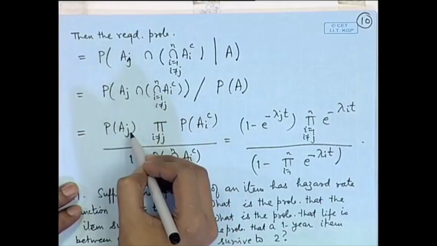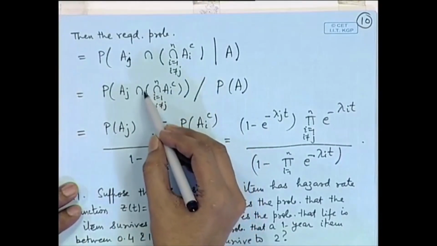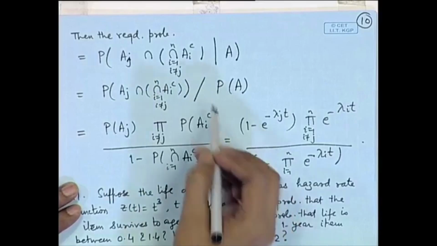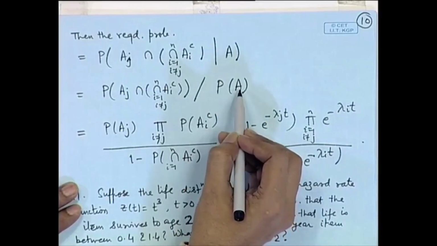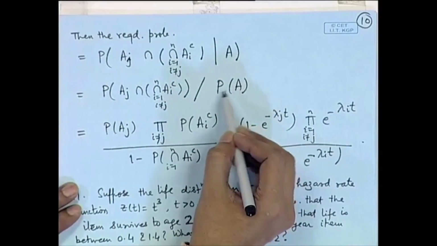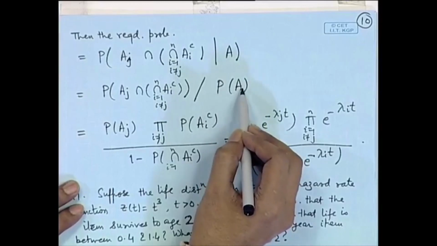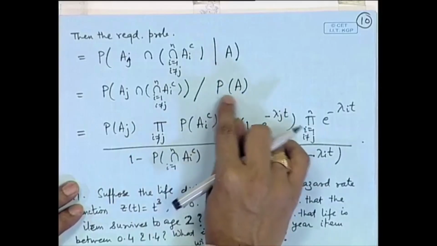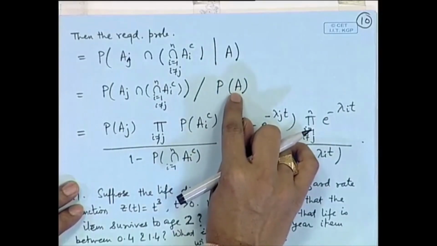It becomes the probability of A_j times the probability of these other events, which again can be split as a product of the probabilities, divided by the probability of A. Now, what is the probability of A? This means that the system has failed before time t. So, it is equal to 1 minus the reliability of the system at time t.